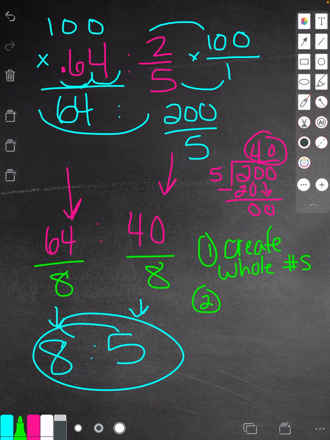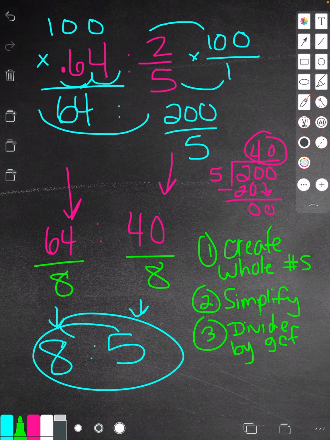So we're going to say simplify. And then step 3 was to divide both sides of your ratio by the greatest common factor.